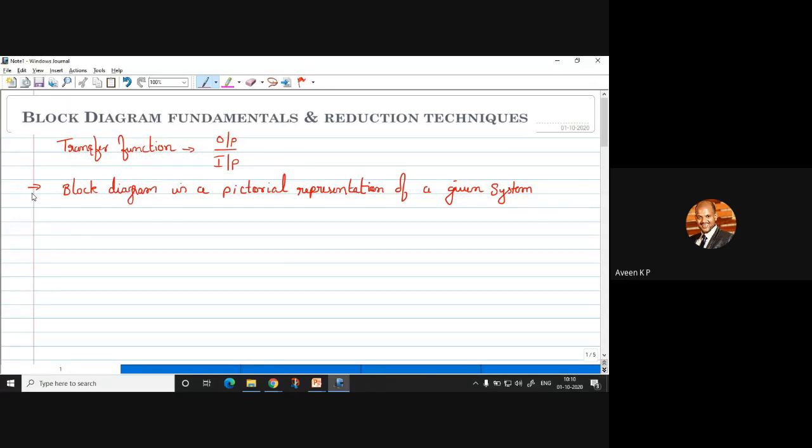See, to draw the block diagram of a practical system, we need to understand what exactly its nature is, how it will behave, and based on that, the signal flow from input to output. So we need to consider all the factors, then only we can represent its block diagram.